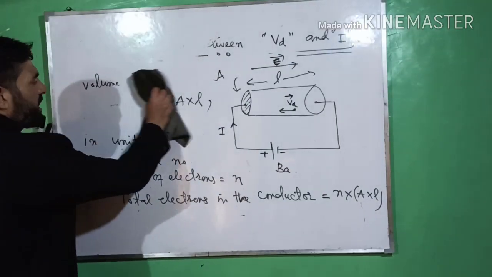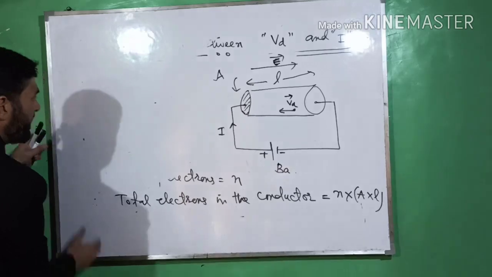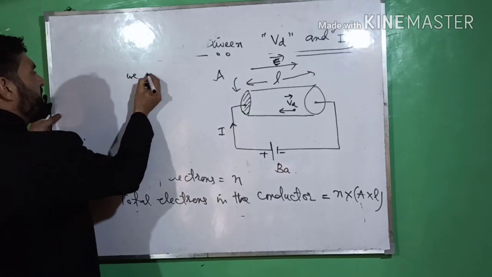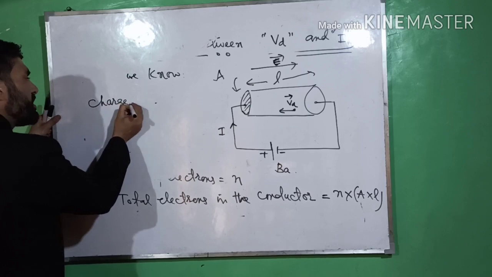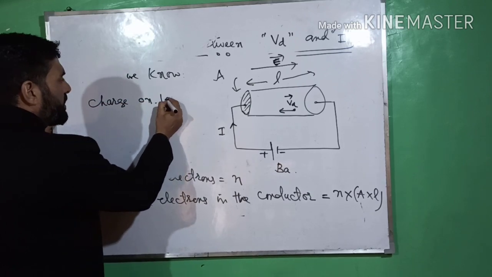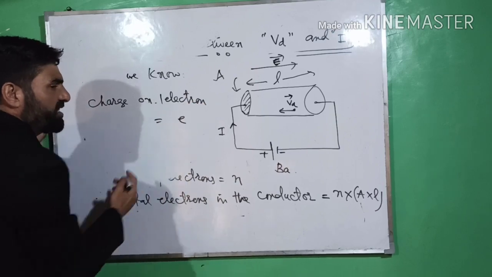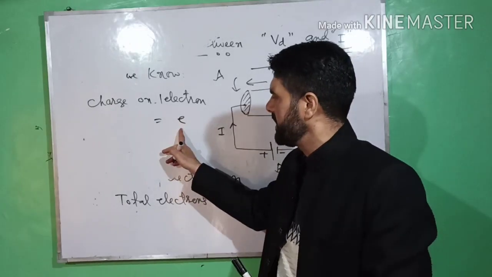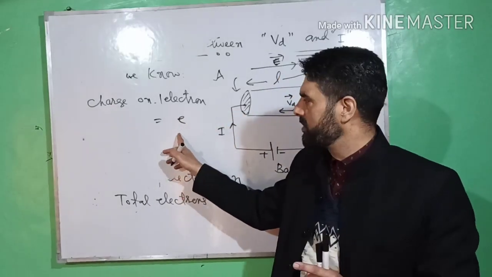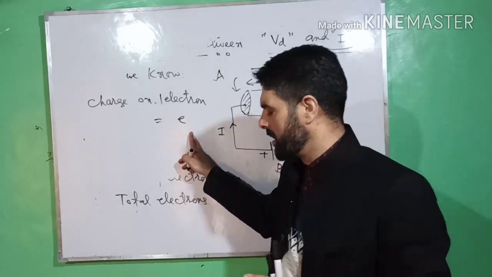Now the next point is this. We know, dear students, the charge on one electron. What is the charge on one electron? It is minus E, but since I take the magnitude, I am simply taking E, and that E is equal to 1.6 into 10 raised to power minus 19 coulombs.